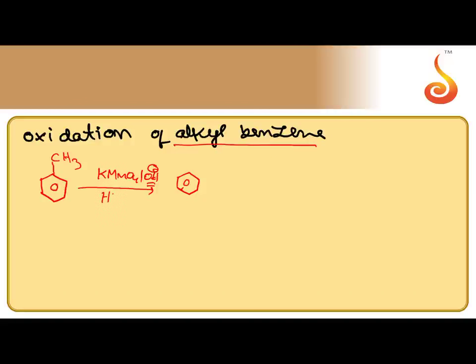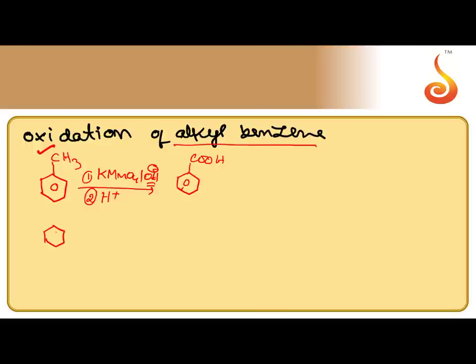This carboxylate will be acidified to get acid. So two steps are involved here: oxidation by alkaline potassium permanganate, later acidification to get COOH. So finally, whatever the alkyl group present on the benzene ring is oxidized to COOH. Benzoic acid is the final product.